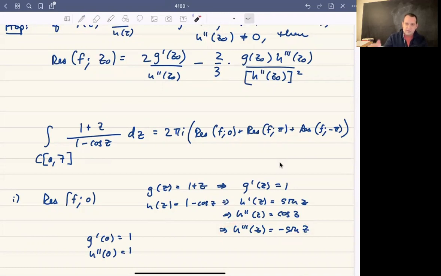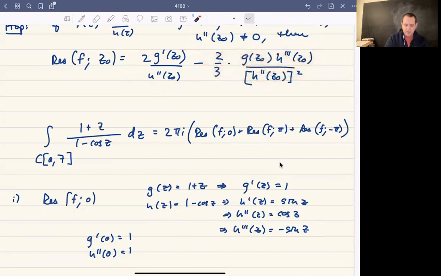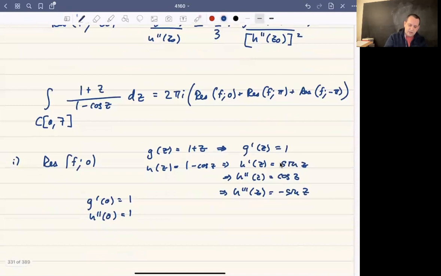So at 0 and at plus or minus 2 pi, h triple prime is just 0. And that means that the residue is really just going to be this part: 2 times g prime over h double prime. And so the residue of f at 0 is going to end up being 2 times 1 over 1, which is, of course, just 2. So the first residue will be 2.